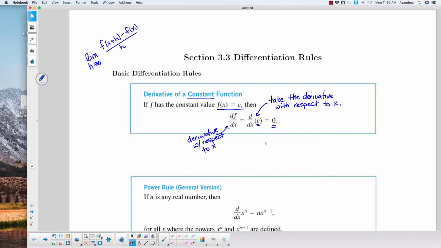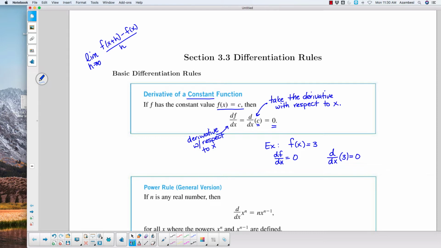So for example, if I have the function f of x equal to 3, then I could say the derivative of that function is equal to 0, because that function is a constant. I could also say d dx of 3. This tells me take the derivative of 3.